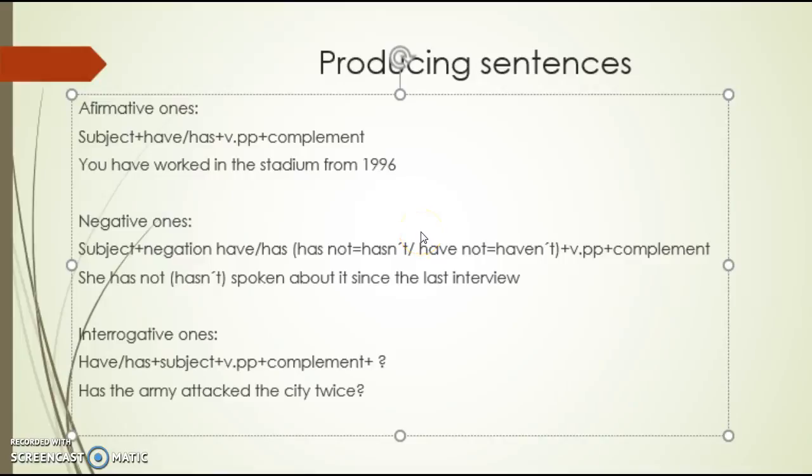So we can implement the production of affirmative, negative, or interrogative sentences. But first, giving the correct explanation about how it works, or how we can use it. Okay, the correct grammar structure.